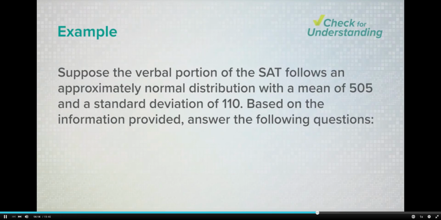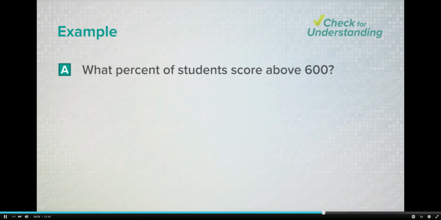Suppose the verbal portion of the SAT follows an approximately normal distribution with a mean of 505 and a standard deviation of 110. Based on the information provided, answer the following questions. A. What percent of students score above 600?